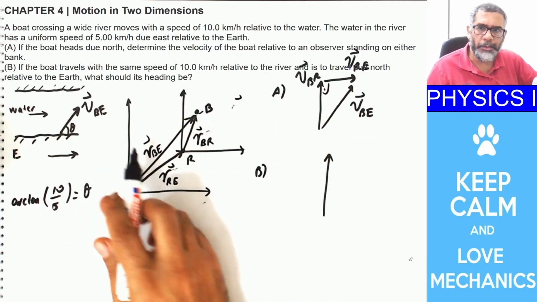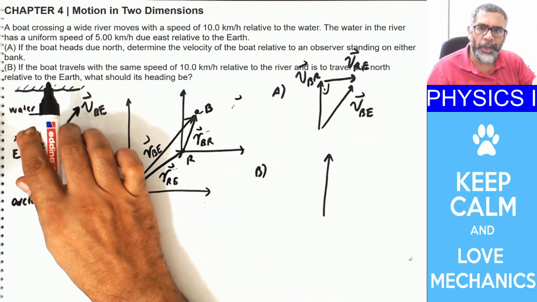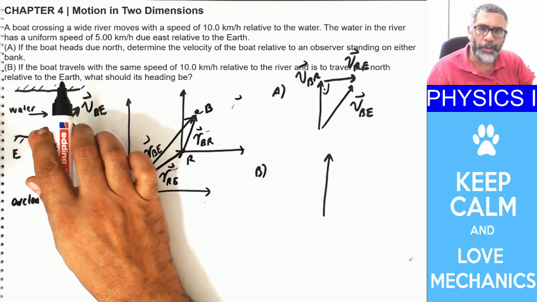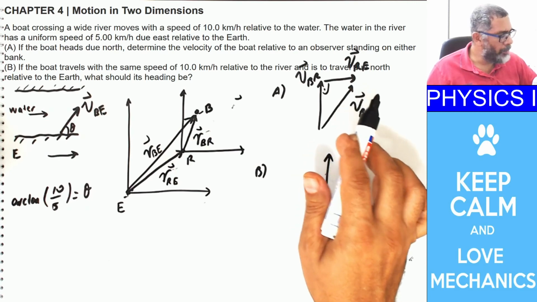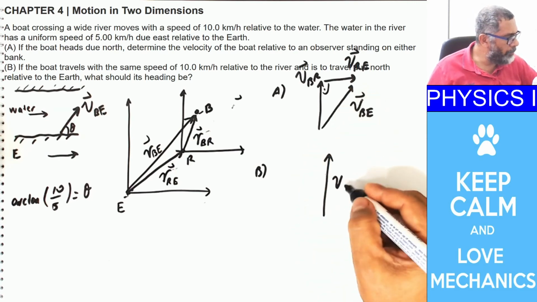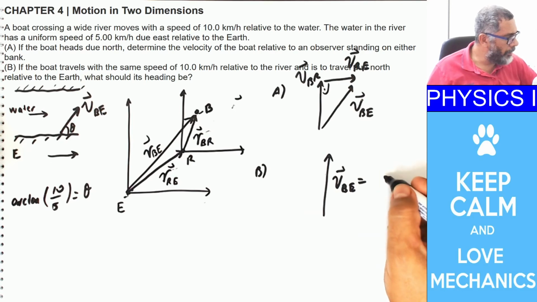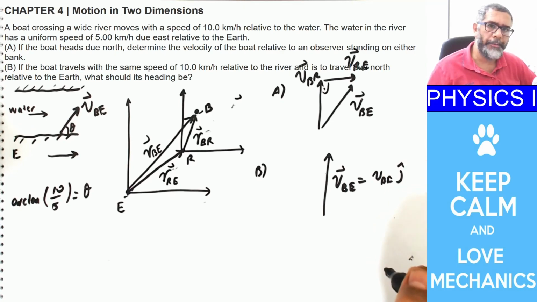So it gives the direction of the motion of the boat relative to Earth, and it is due north. So this is going to be V boat relative to Earth, and we don't know its magnitude. Let's say V_B speed multiplied by the unit vector j.